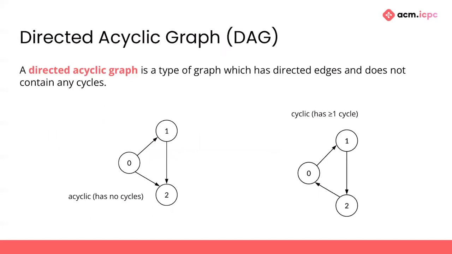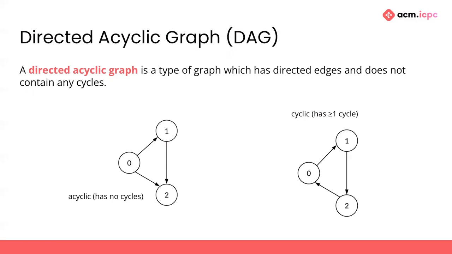Okay, so next we'll introduce another important concept in graphs, which is a DAG, a directed acyclic graph. This is a type of graph which has directed edges and does not contain any cycles. So what are cycles? Here are two pictures to represent a graph with cycles and a graph with no cycles.